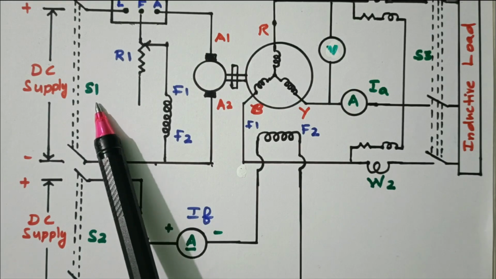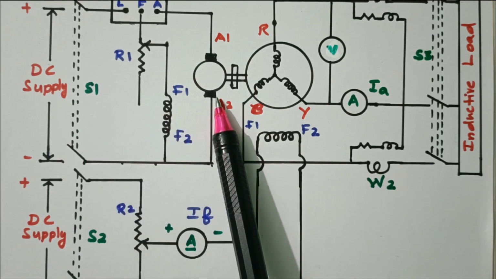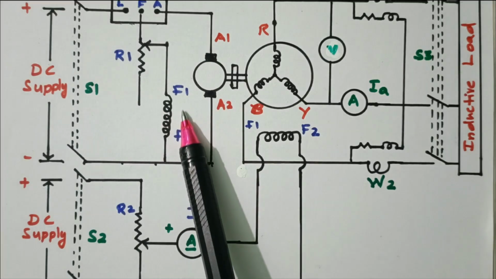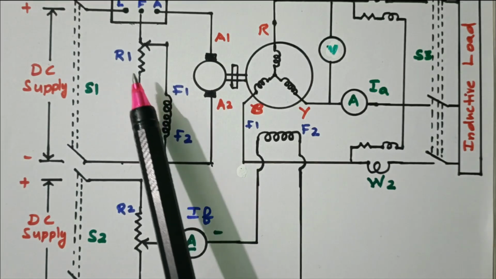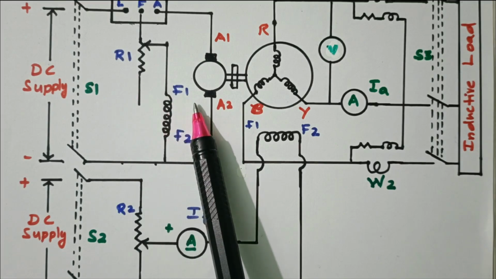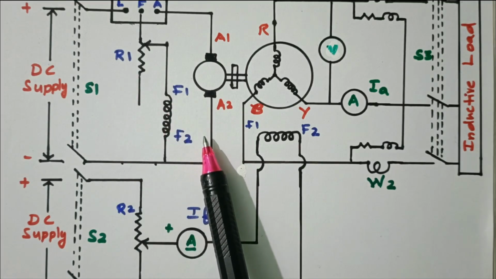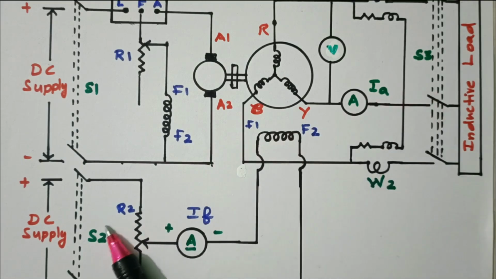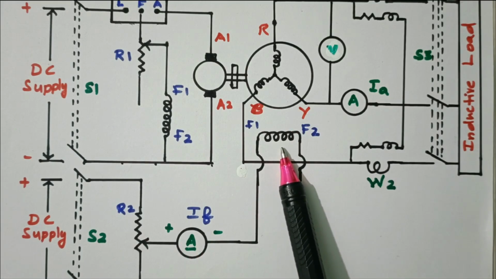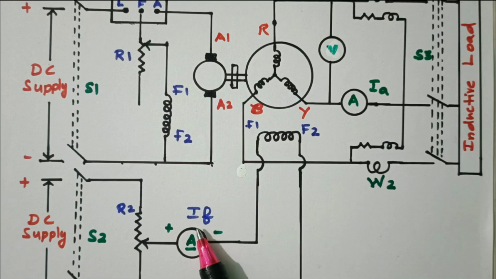First, the switch S1 is closed, so the motor starts rotating. The current flowing through the field winding of the DC motor is varied by varying R1 in order to reach the rated speed. Thereafter, switches S3 and S2 are closed. The field current flowing through the field winding of the alternator is varied by this resistor R2.